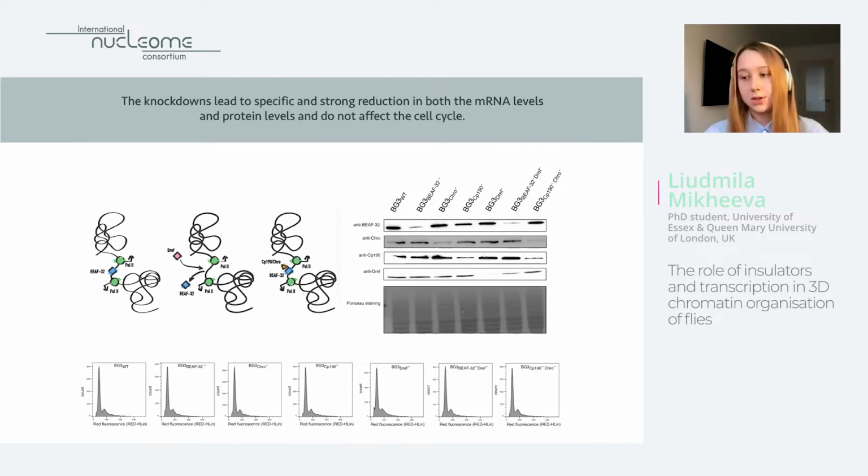Another important thing here is that the knockdowns showed no cell cycle arrest. Previous studies demonstrated that TAD organization undergoes dramatic structural changes every cell cycle. So the FACS analysis assures us that the changes that we observe in TAD structure are related to protein depletion directly and not caused by cell cycle arrest.